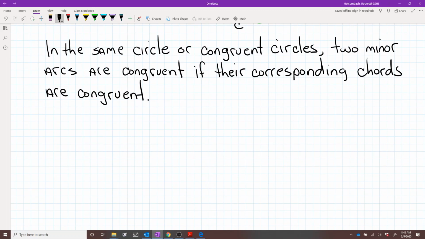Two minor arcs are congruent if their corresponding chords are congruent.